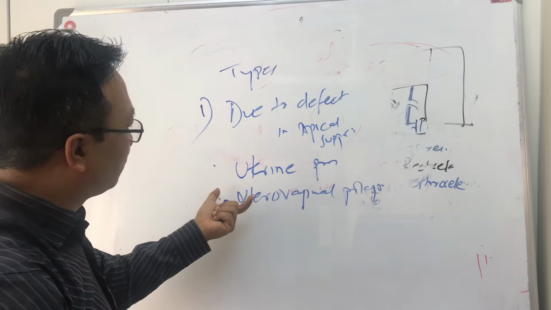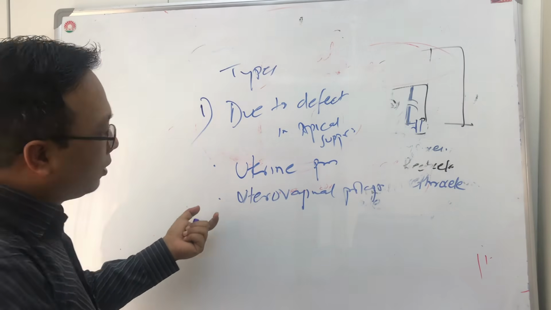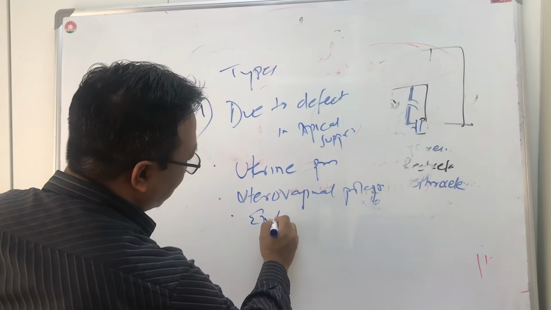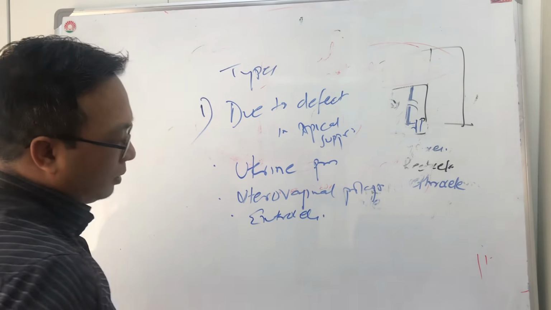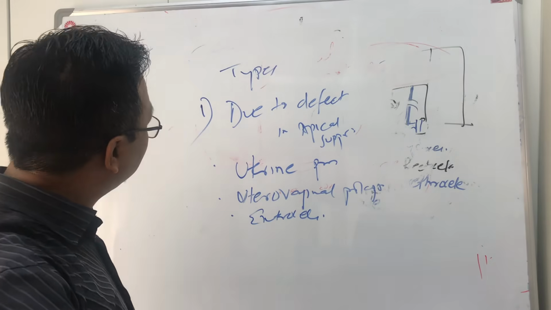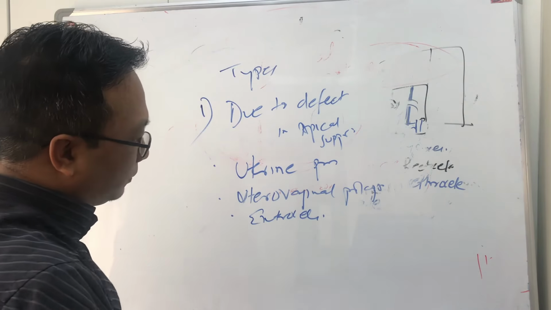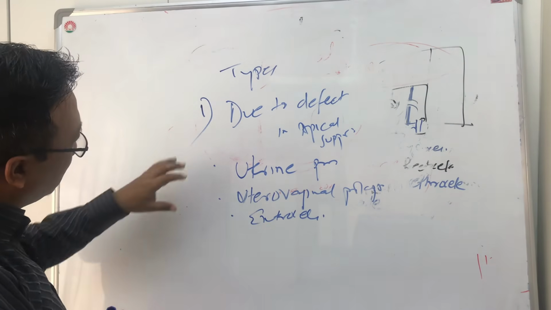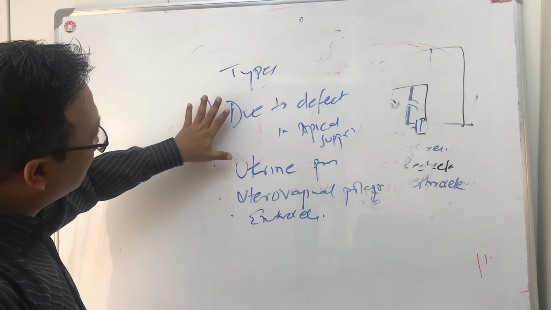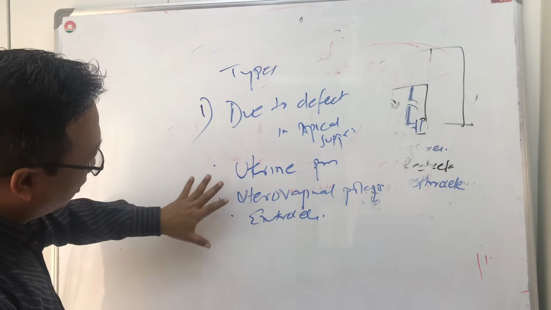So there will be uterine prolapse or uterovaginal prolapse, or there can be enterocele. Everything will happen. So this is a defect of type apical support. It can also lead to enterocele.